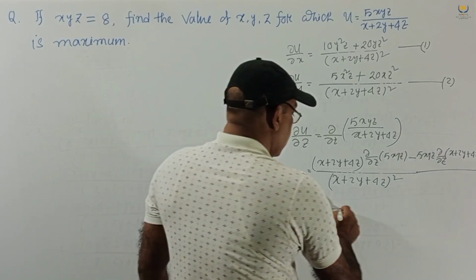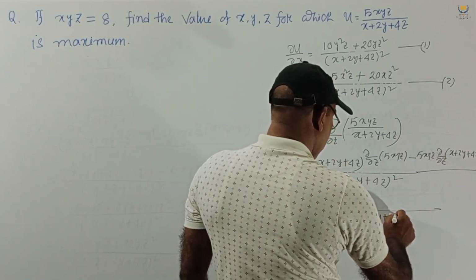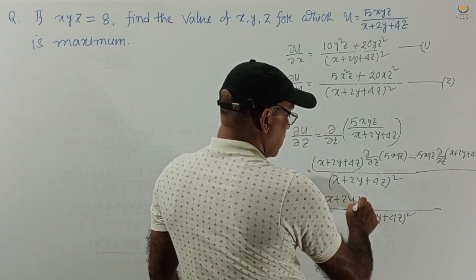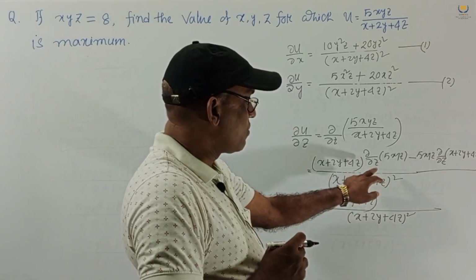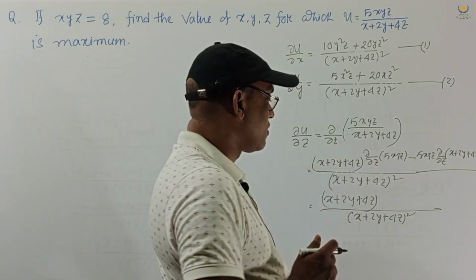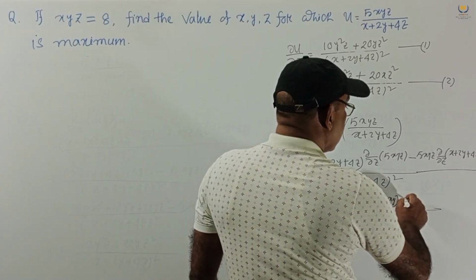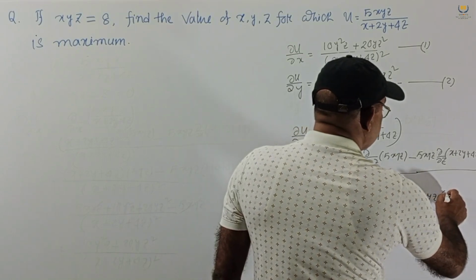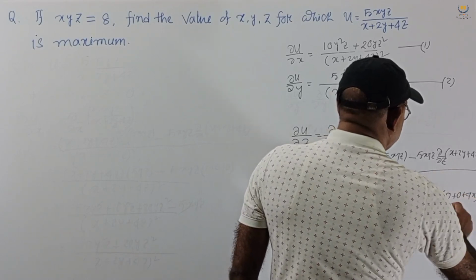So this will be x plus twice y plus 4z whole square in the denominator, and we differentiate partially with respect to z, z is 1, others constant. 5xy we get, minus 5xyz, where the derivative of the denominator is 4 into 1.